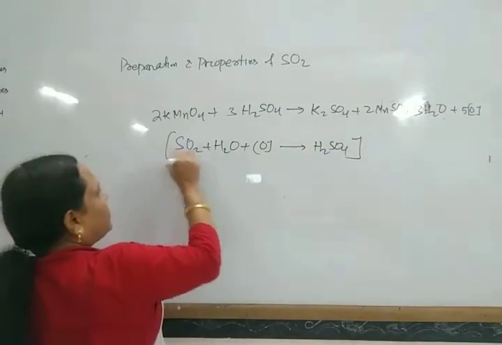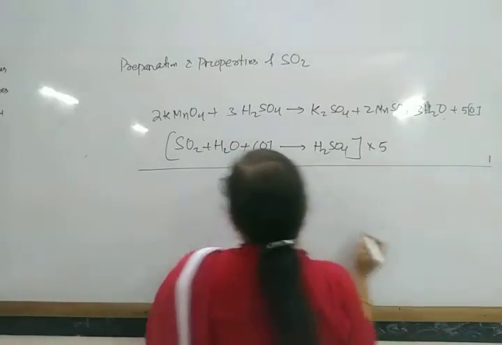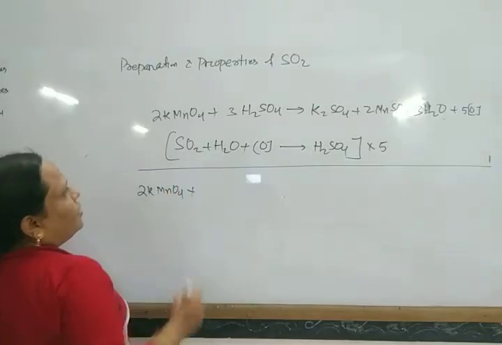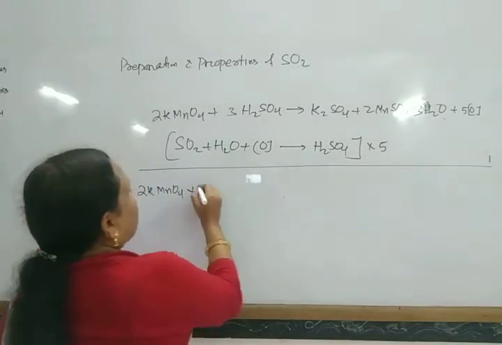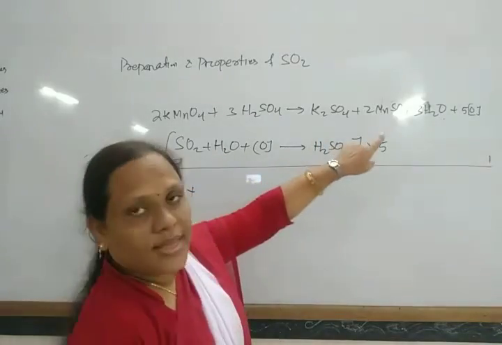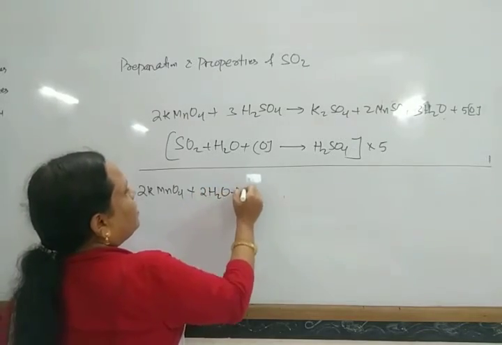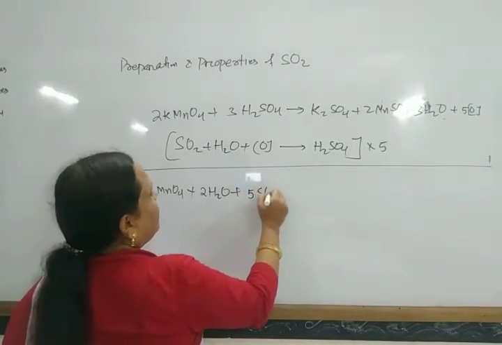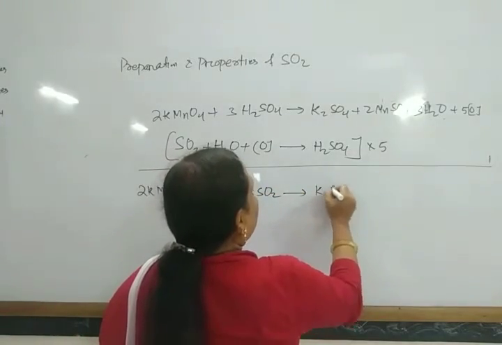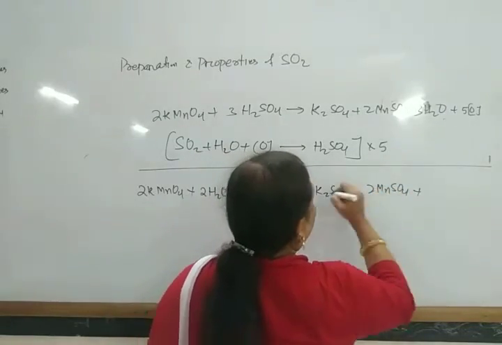As there are 5 oxygens, we multiply this by 5, so that the equation becomes 2KMnO4 plus 2H2O plus 5SO2 give rise to K2SO4, 2MnSO4 plus 2H2SO4, with 5H2SO4 and 3H2SO4 balanced on the two sides.